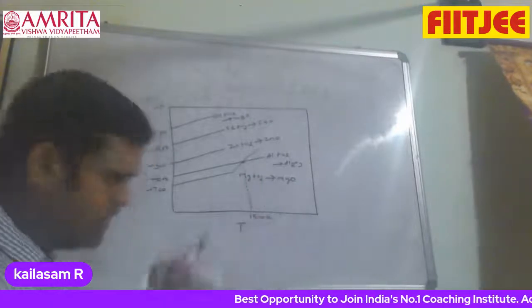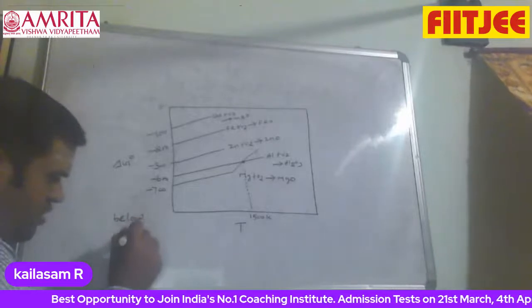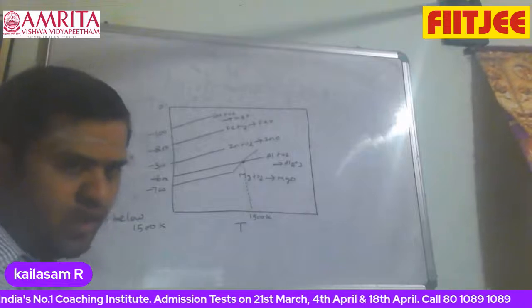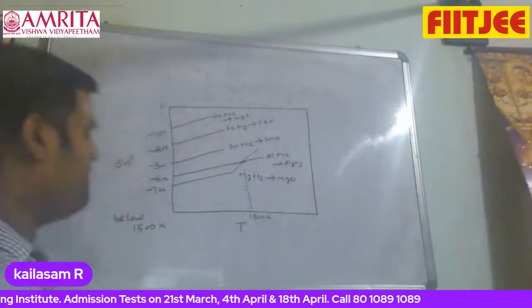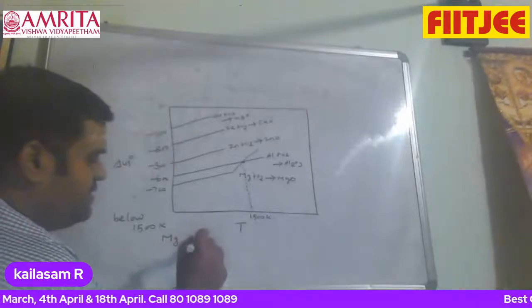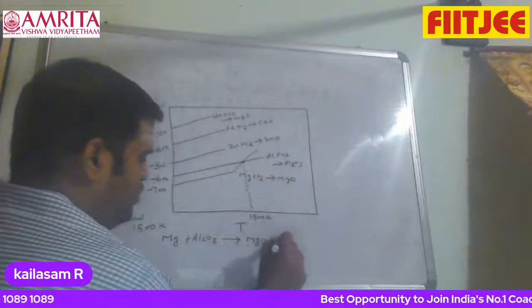How is that? Look at this. Below 1500 Kelvin, I can write that Mg plus Al2O3 gives MgO plus Al.